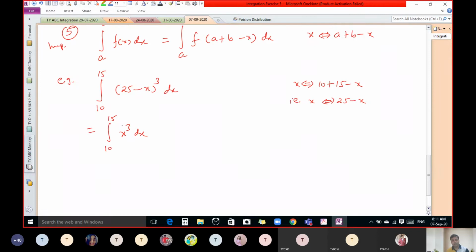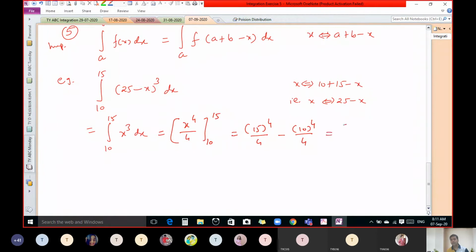Then obviously this is more simple, because we know the result: x raised to 3, the answer of that is x raised to 4 upon 4, and you can write the range like this. Now put x equal to 15, then put x equal to 10 and subtract it.